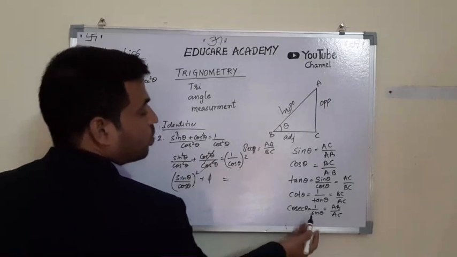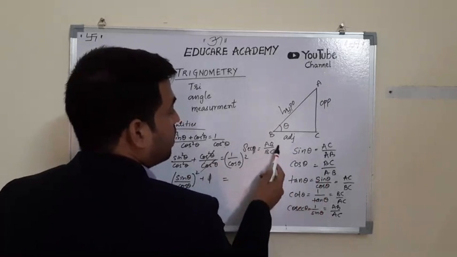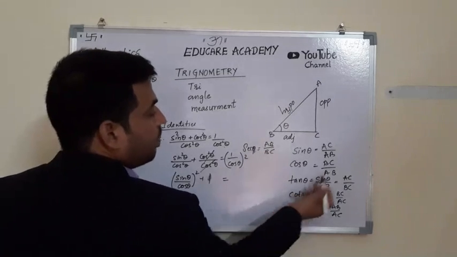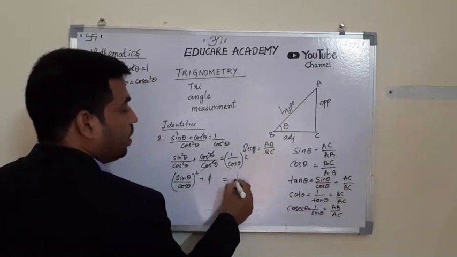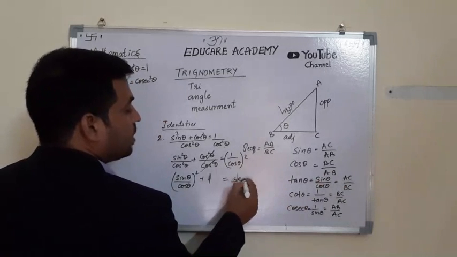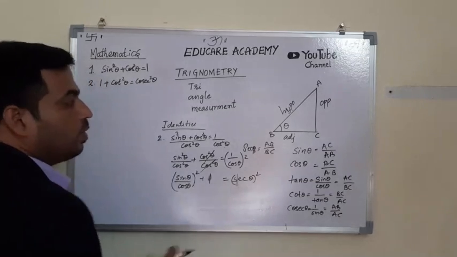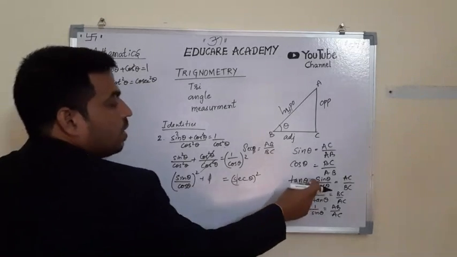Then what is 1 by cos? See, AB by BC is tan theta, BC by AB is cos theta, so 1 by cos can be taken as secant theta the whole square. And sin by cos, what is sin by cos? It's tan.